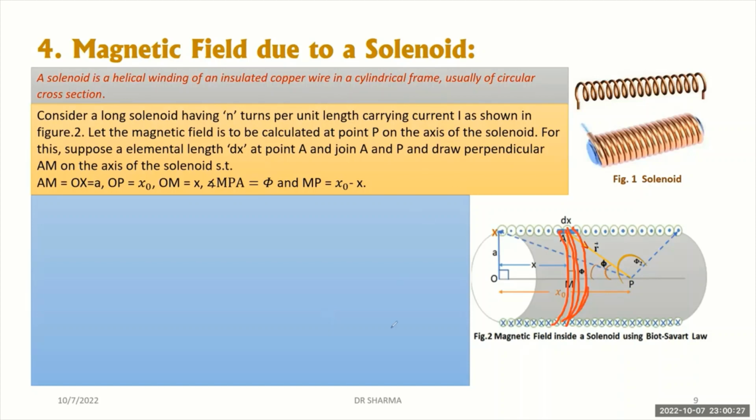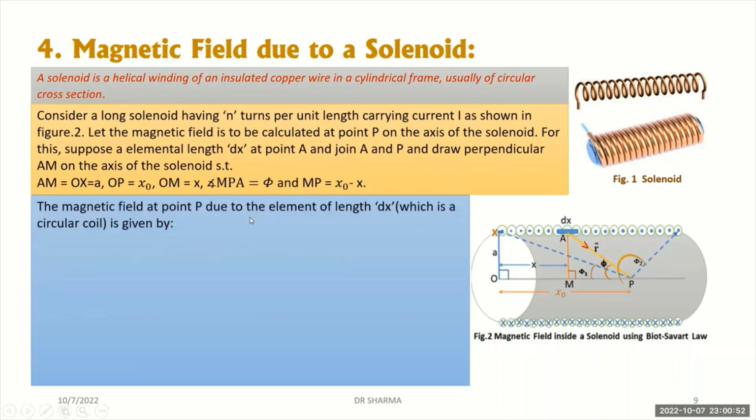So the magnetic field at point P due to this elemental length, which is a circular coil that we have already drawn, we can use the magnetic field at an axial point of a circular coil as the magnetic field due to this elemental length in this case. That formula is mu naught N I square upon 2 r cube.